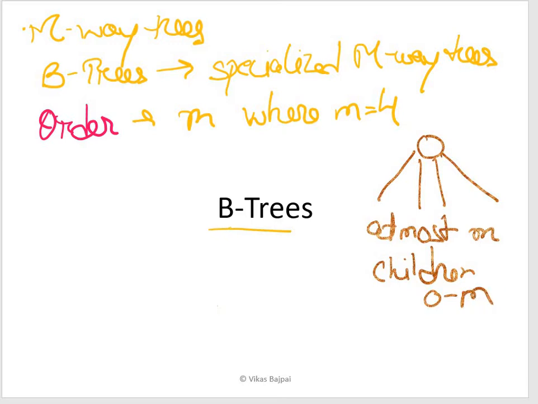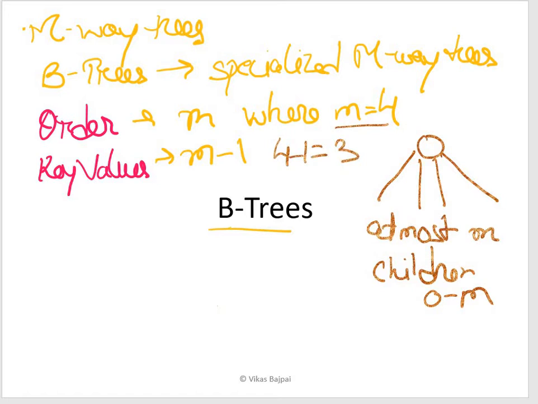Now then we have something called key values, or the data values, and this is nothing but your order minus 1. That means M minus 1. So in this case, if I have M equals 4, then I'll have key values as 4 minus 1, which is 3.